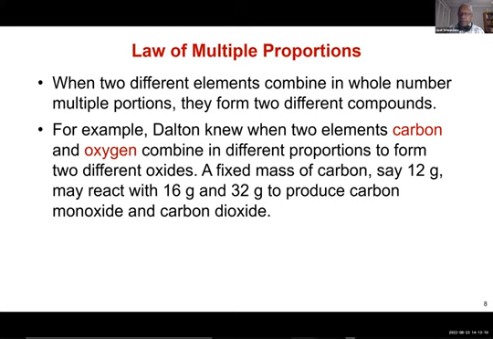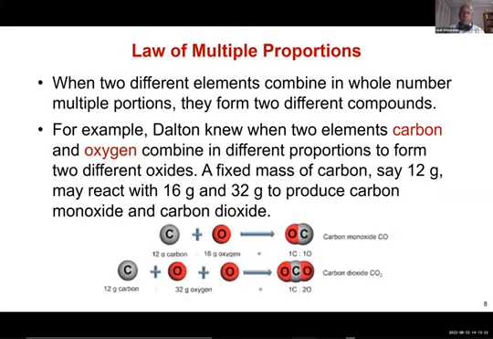So that explains that when two different elements combine, if there are multiple proportions, two different compounds are formed. In the picture, carbon reacts with oxygen, one atom each. That is 1 to 1. In the second one, the multiple proportion is 1 to 2 from the first reaction producing carbon monoxide to the second reaction producing carbon dioxide.